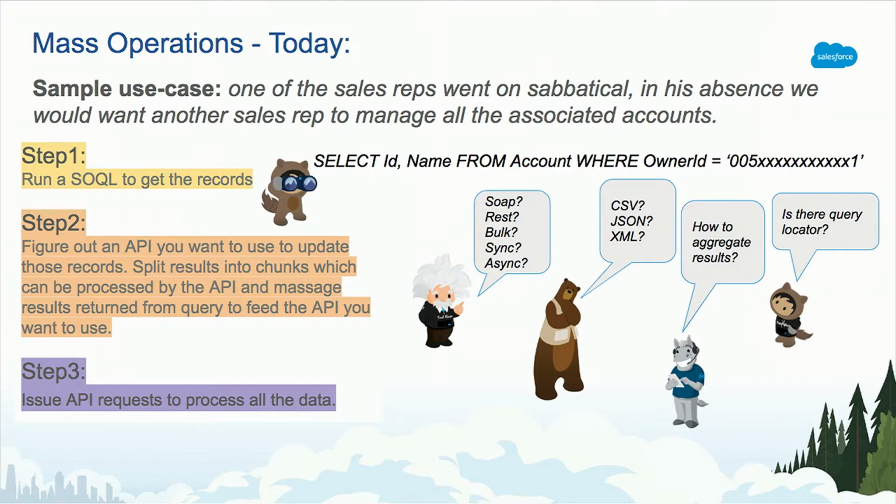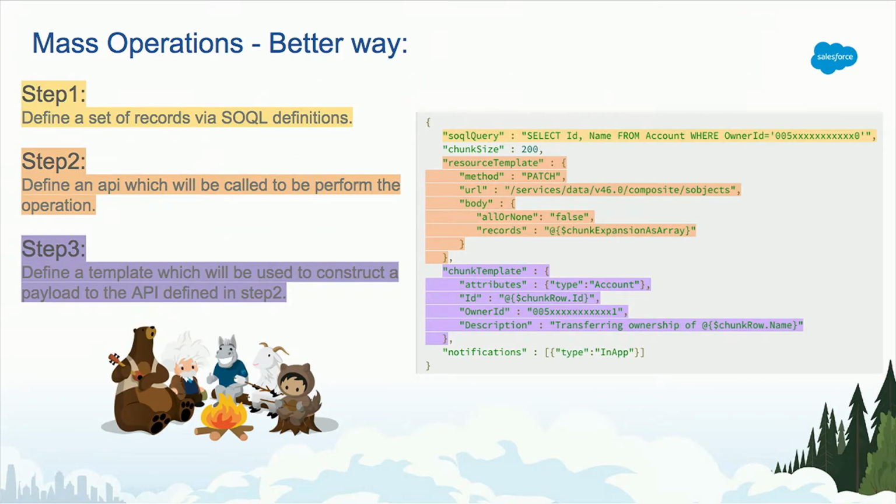Here come mass operations. Let's take a look at this. On the left side, you have what the mass operations request looks like. Similarly, step one, you have a query that says select ID, name from account where owner ID is whatever owner is. Then you figure out which API to use to do the following updates.